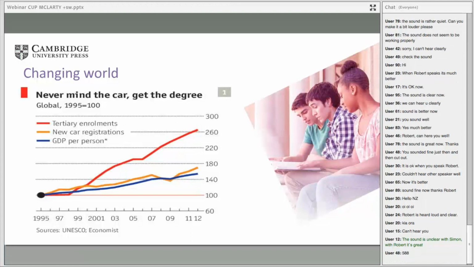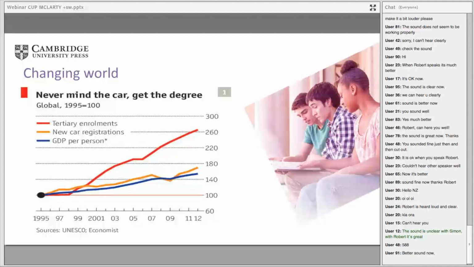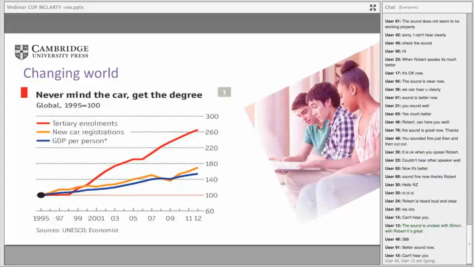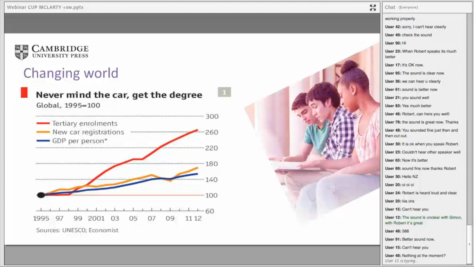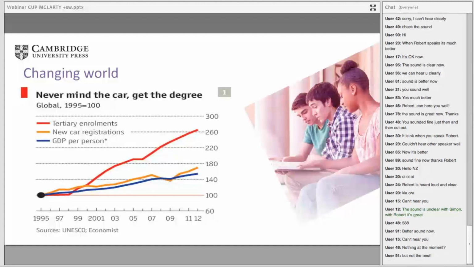Just by introduction, this is quite an interesting graph showing that the world since 1995, so 23 years ago, has started to change quite a lot. The red line you can see there is the number of people globally wanting to get into tertiary education.